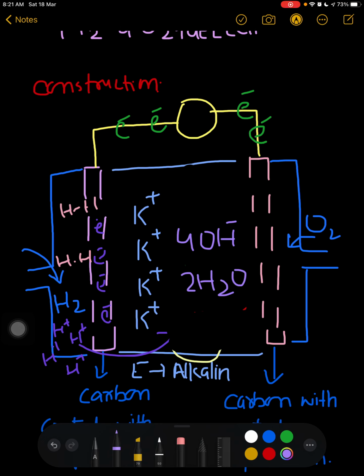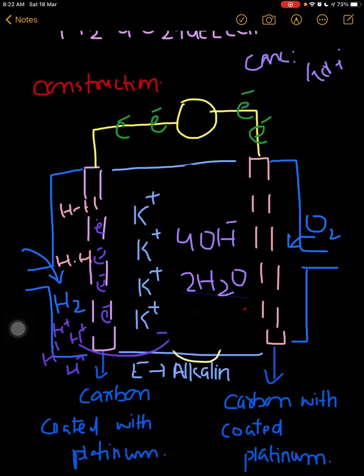So in order to increase the specific gravity, we will add concentrated potassium hydroxide into this electrolyte solution. As we add this concentrated potassium hydroxide, its specific gravity will increase, and it will increase its working capability, right? So I hope this fuel cell is clear to you.